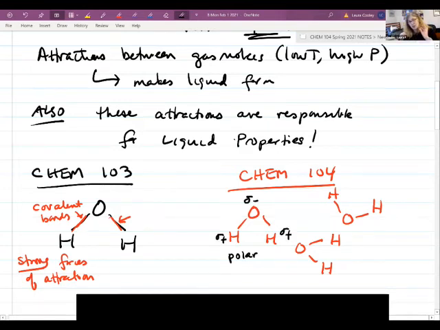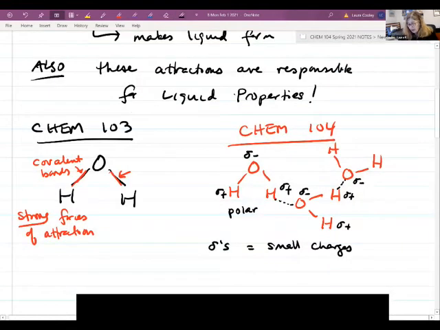These deltas are small charges. So a delta negative is a small negative charge, delta positive is a small positive. So we get attractions here between the delta negative and the delta positive on different molecules. And these attractions are what's responsible for many physical properties.